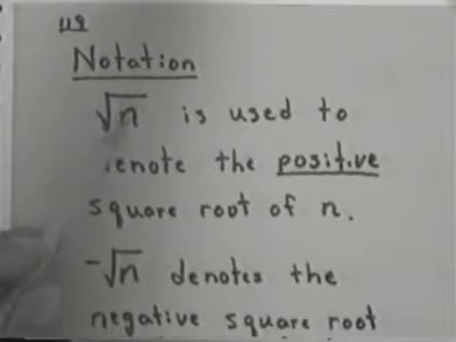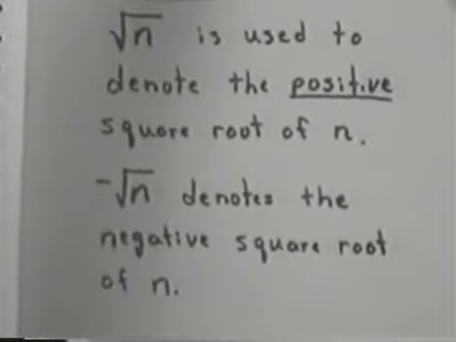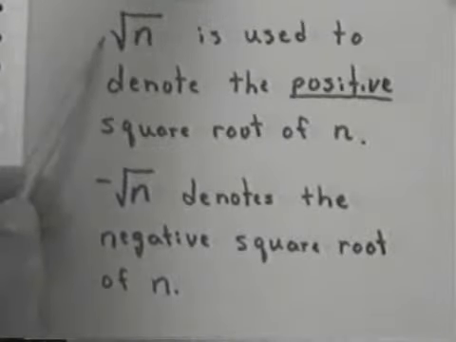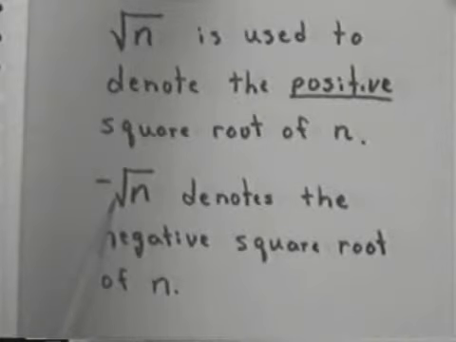So if you see this symbol, it's used to denote the positive square root of n. This symbol with a negative in front of it denotes the negative square root of n. So this symbol denotes the positive square root of the number. This symbol denotes the negative square root of the number.